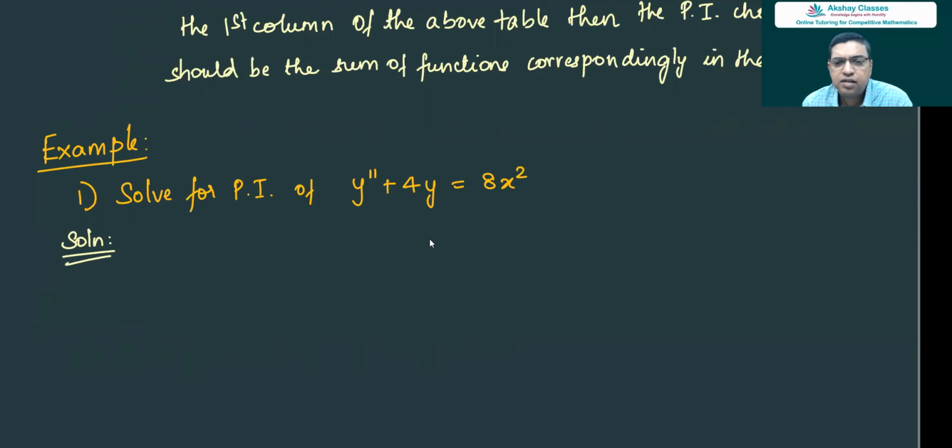We just use the binomial theorem, 1 by d square plus 4, expand and do all that. That we have done already. Now we use the method of undetermined coefficients.